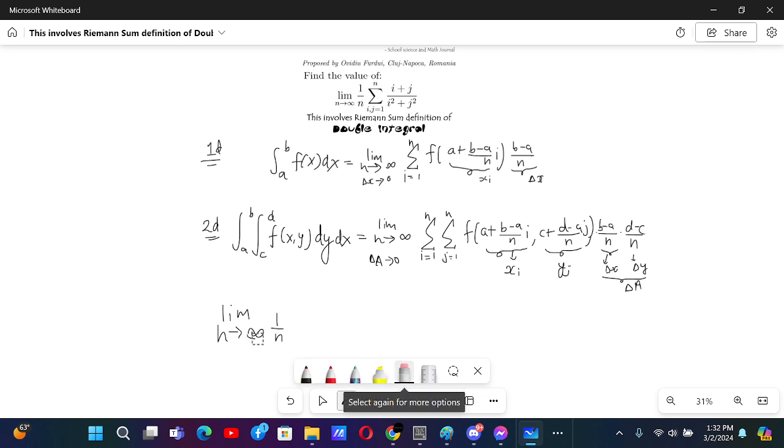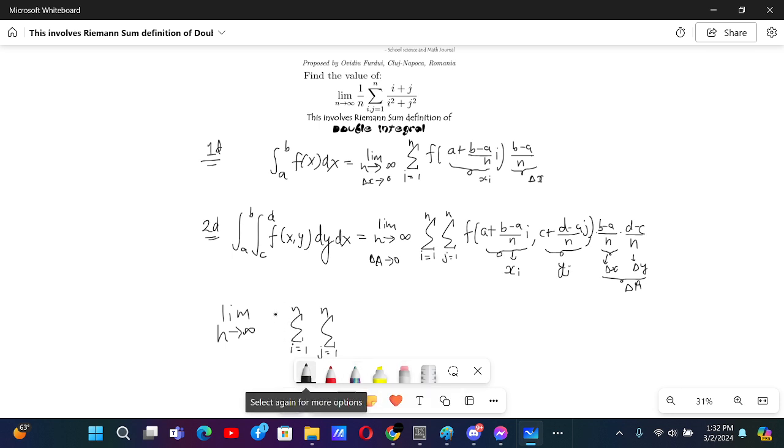Let me erase this because this isn't looking good. It is limit n tends to infinity of 1 by n, sum from i equals 1 to n, sum from j equals 1 to n.